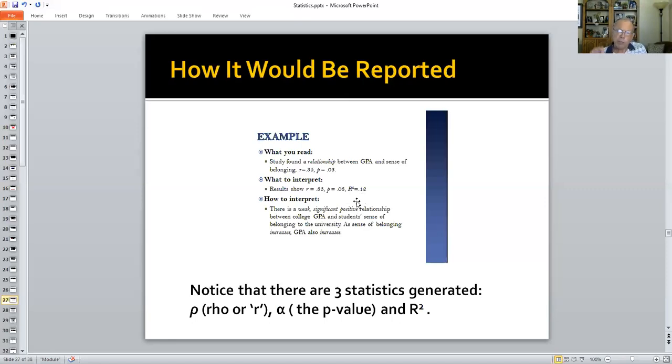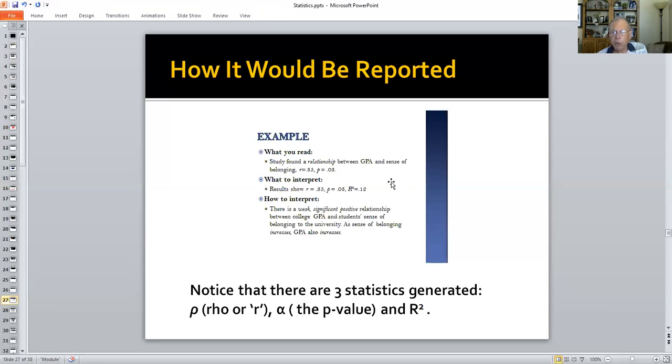R squared tells you the degree that one variable affects the other, okay? So in this particular case, the sense of belonging affects the GPA at a rate of 12%. Is that significant?